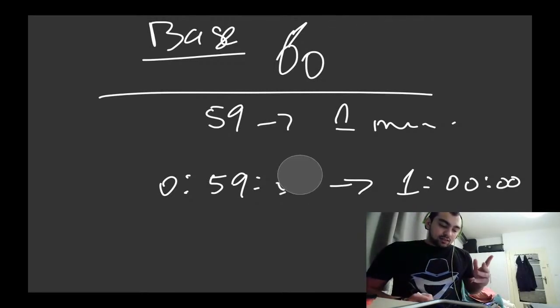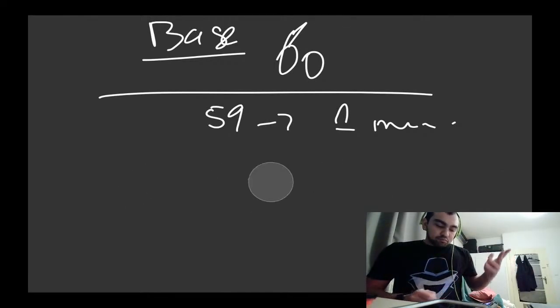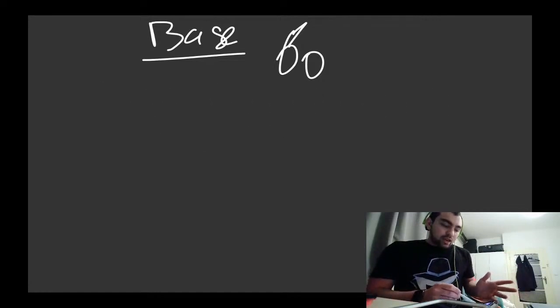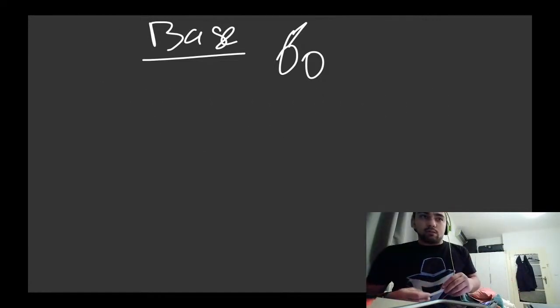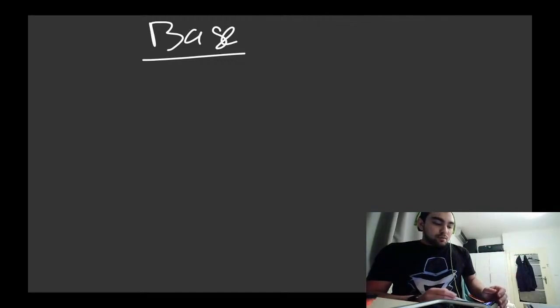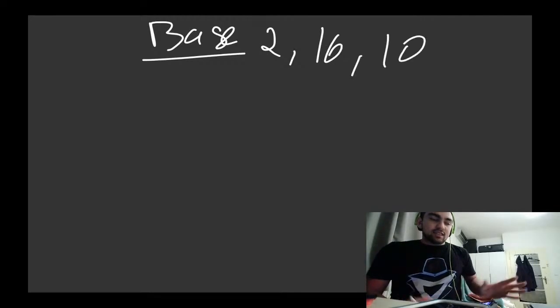It's a bit different because 59, you can consider as a digit. But yeah, we do that. We work with other bases as well. But the most important thing to keep in mind is base 2, base 16, base 10, these exist and are pretty common in our day-to-day lives.